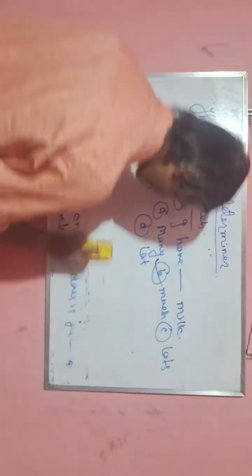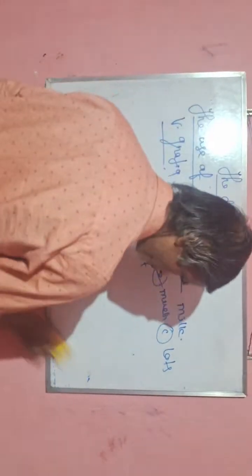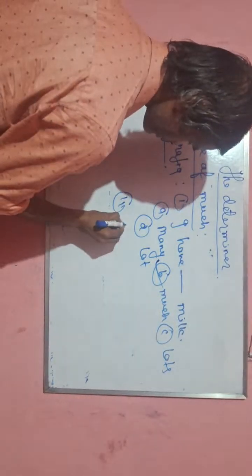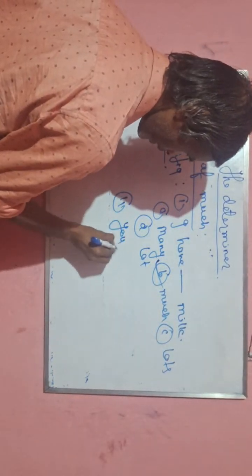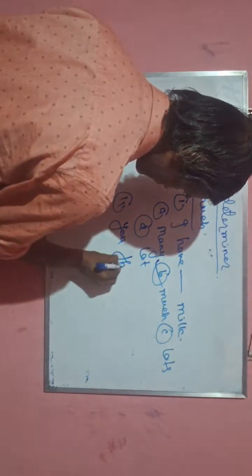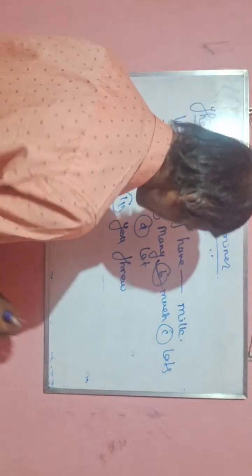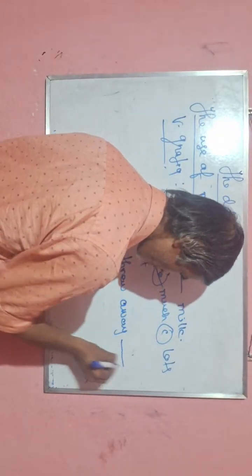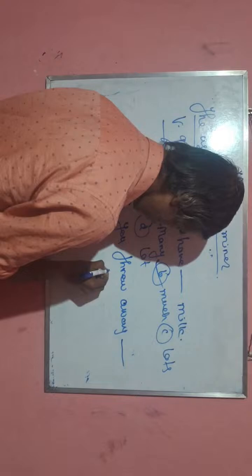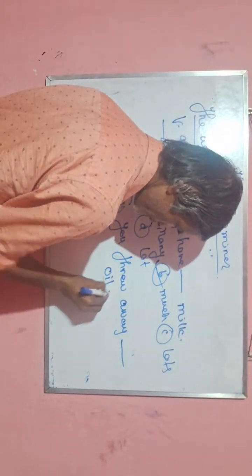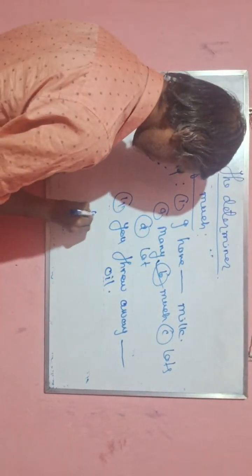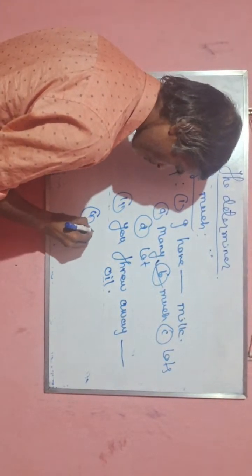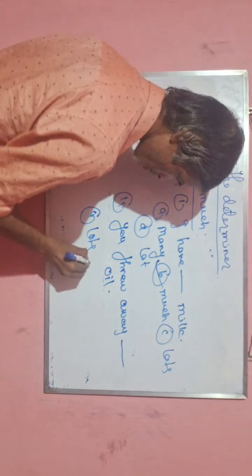Second example I am giving you. Number two, you threw away dash oil. Option A, lots.